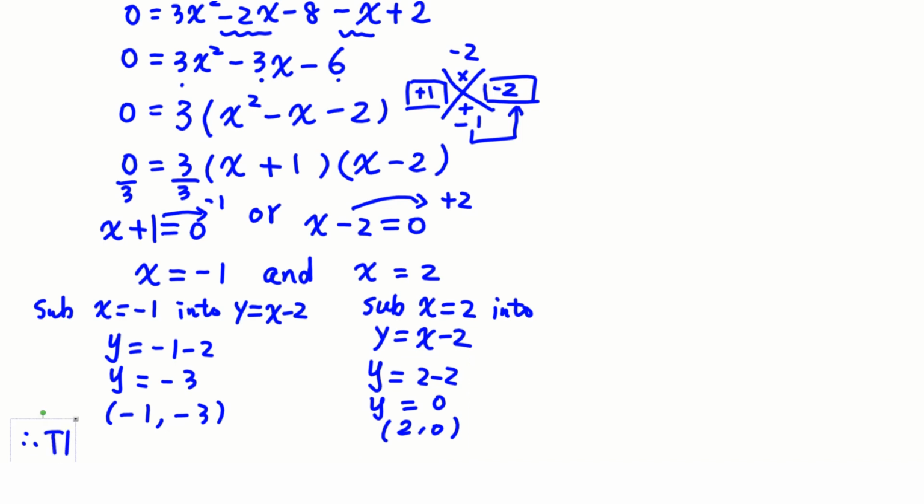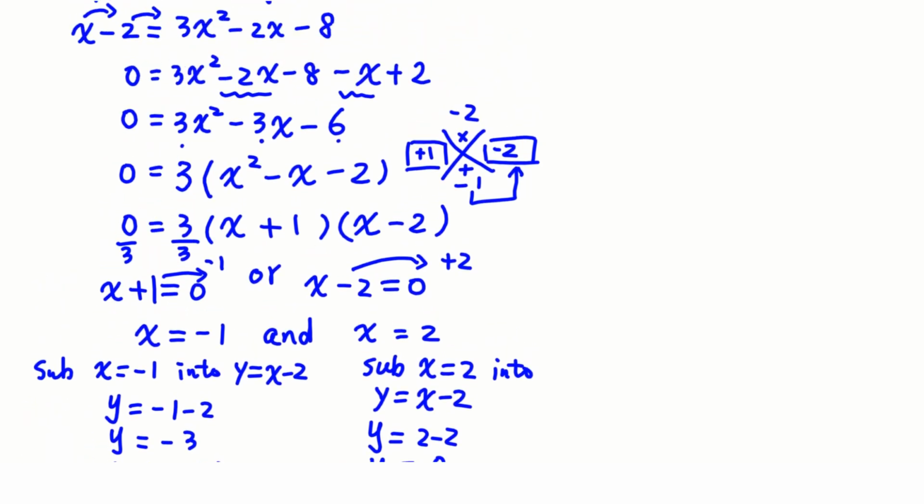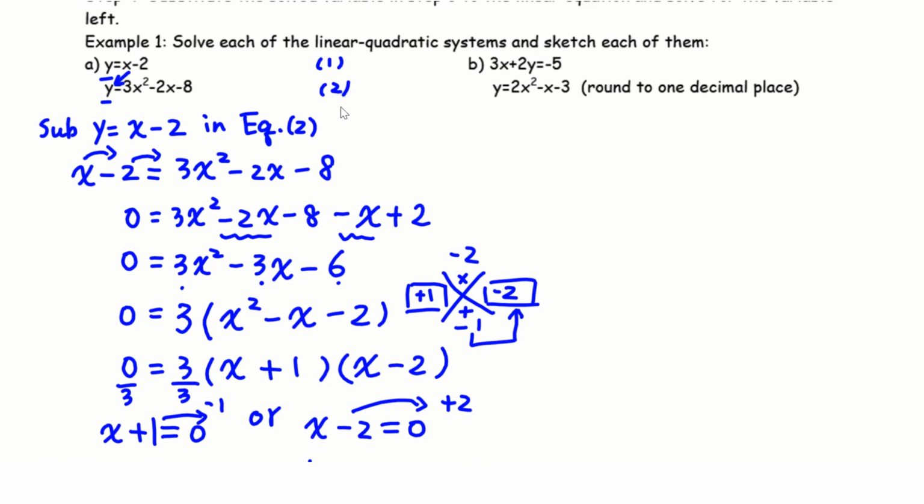Therefore, the points of intersection are (-1, -3) and (2, 0). So this is the full solution for this linear and quadratic system.